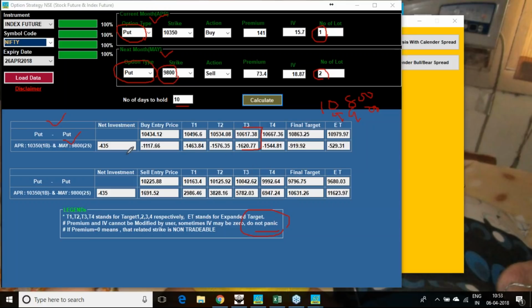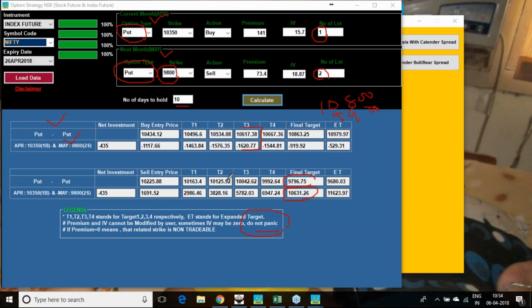If the Nifty falls and comes down to the 9,800 level, my profitability is 10,631 in this particular put combination alone, not the call combination. Profitability starts if the Nifty falls below 10,200.